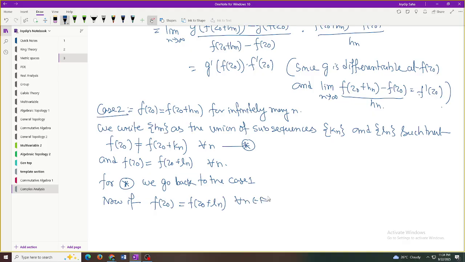now limit n tends to infinity, z0 plus ln.